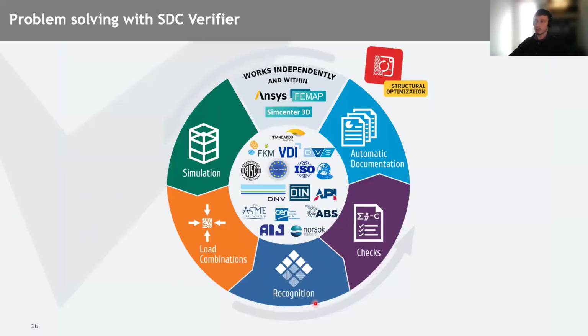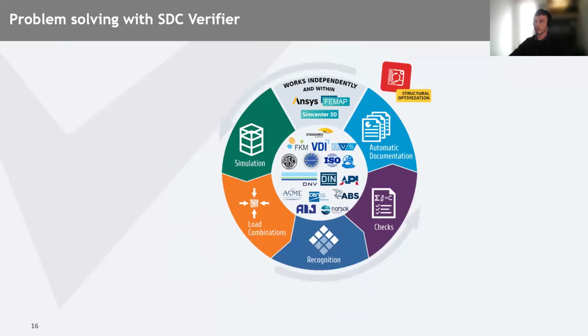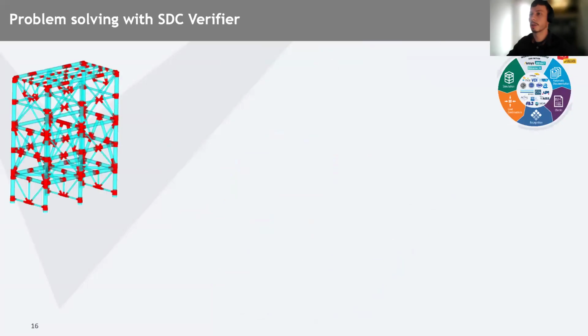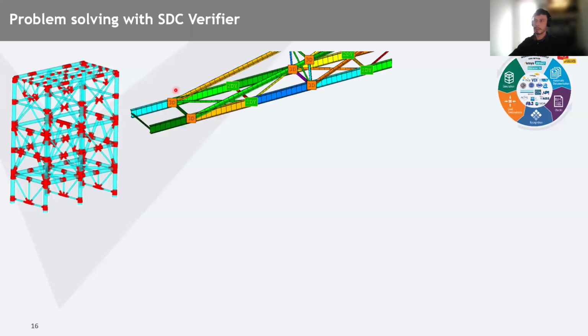The next part is the recognition. That's, I think, one of the most crucial things before we start optimization of our model. With SDC, we can recognize joint members within our structure, and beam members with all the buckling lengths. SDC automatically recognizes the joint connection, as I mentioned before, with both directions of each beam.